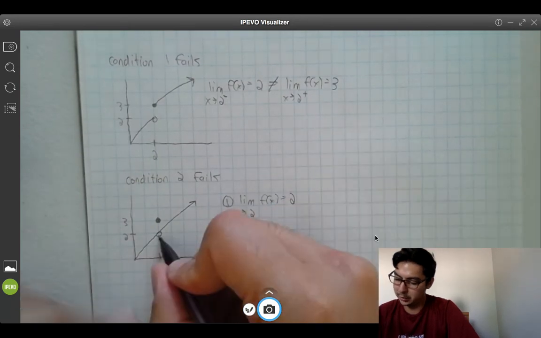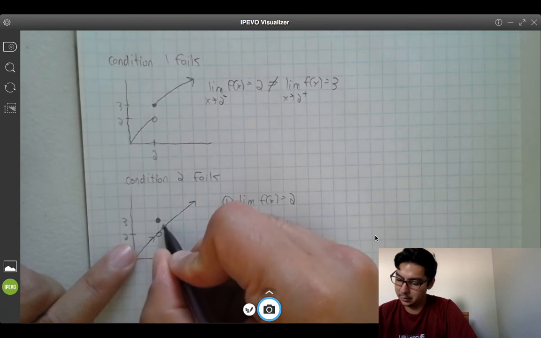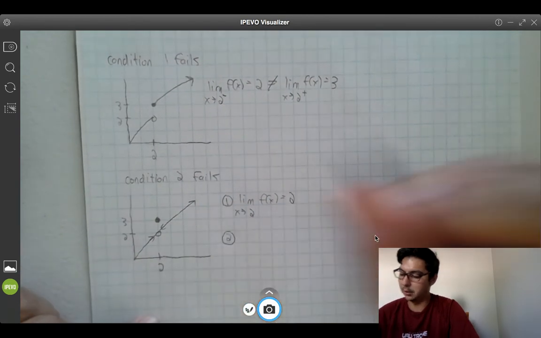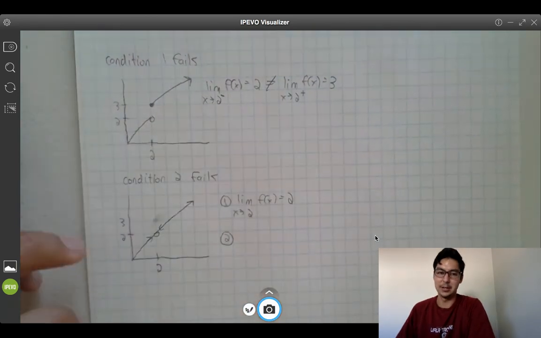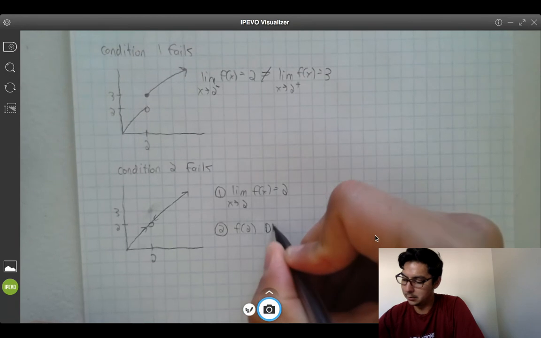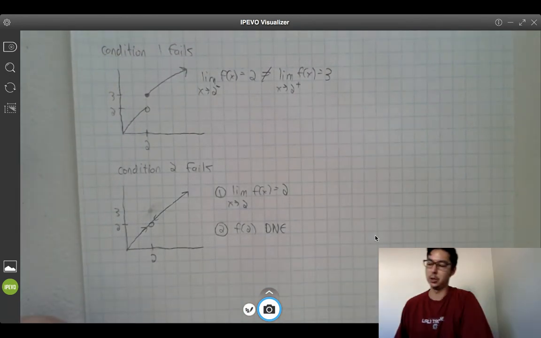As you approach from the left, you're at 2. As you approach from the right, you're at 2. But, oh, I'm sorry, this would be condition 2 fails, is that graph. But f of 2 does not exist. There's no value for the function at 2. There's a hole in the graph. Okay?